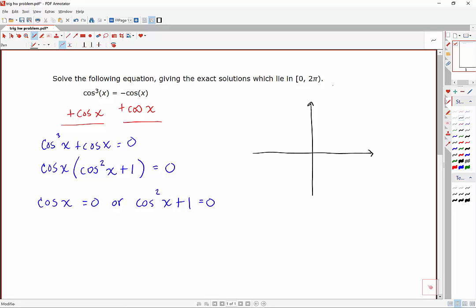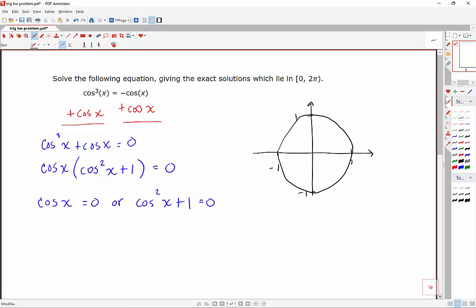So if we have 1, 1, negative 1, and negative 1, we've got our circle here. Not a very good circle. Got our unit circle going.